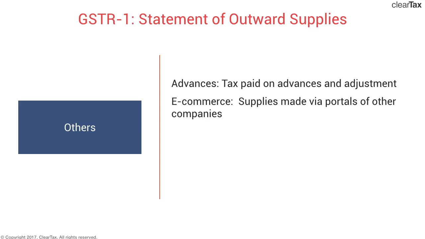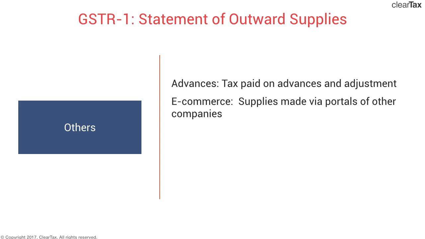The second detail in others category relates to e-commerce portals. If you've made supplies through e-commerce portals of other companies, you'll have to give details. This detail is split between e-commerce supplies made to registered taxable persons, if your final consumer through the e-commerce portal is registered, or if he's unregistered.